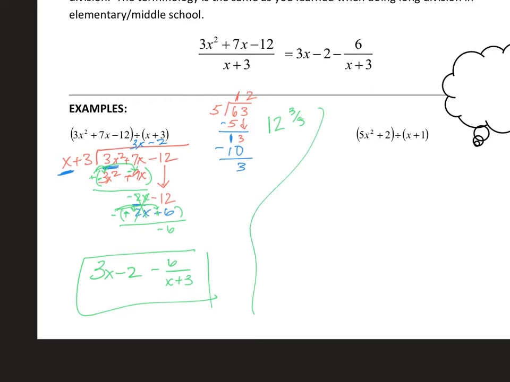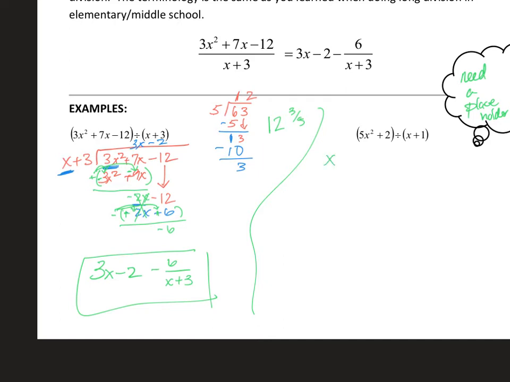Okay, guys, if you notice, this one is a little bit different than that first one. And the reason is because this one is missing an x term, correct? Right? So right up here in this bubble, just put need a placeholder, okay? Need a placeholder. So we are going to rewrite this.